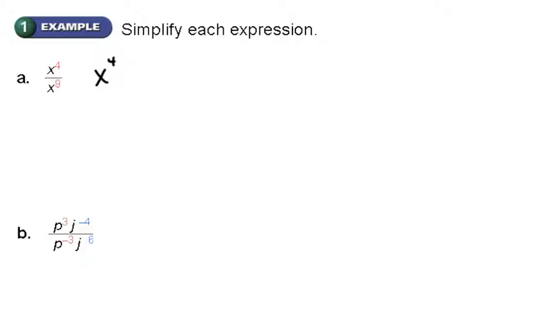So 4 minus 9. This gives us x to the negative 5. Now this negative exponent is not simplified, so that negative tells me I need to flip. So this becomes 1 over x to the 5th.